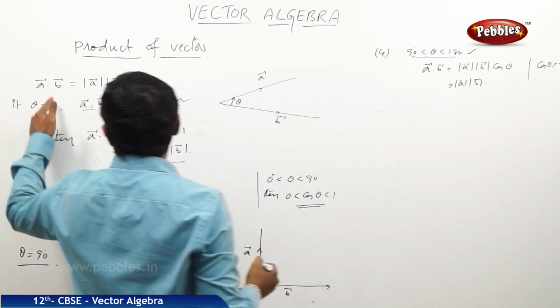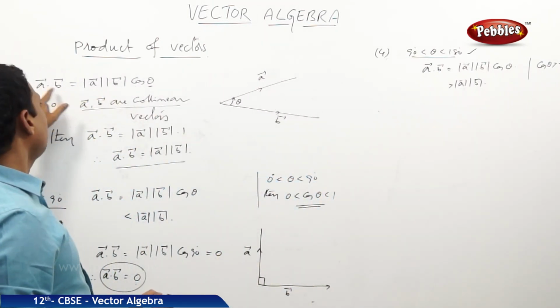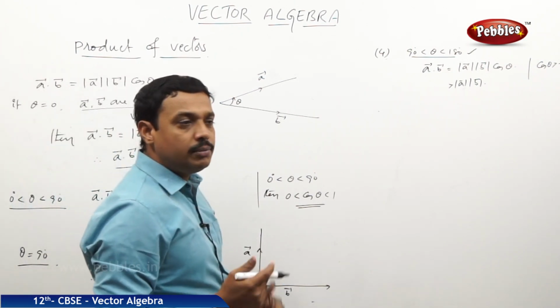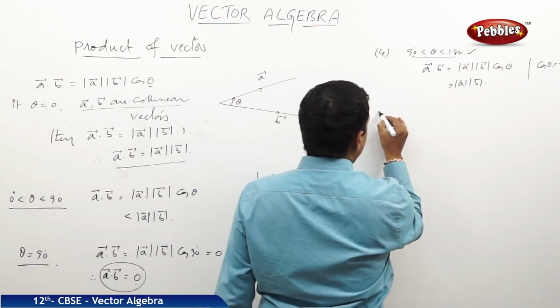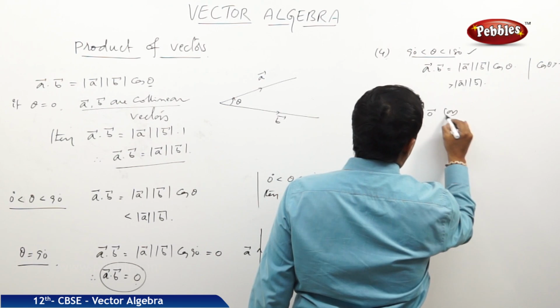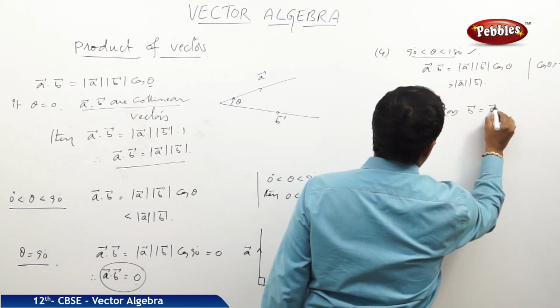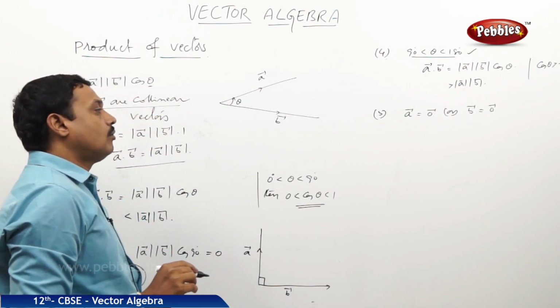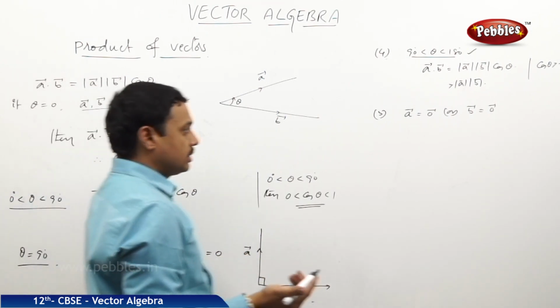Next one. Here, the two vectors A and B both are non-zero vectors. Suppose one of them is a null vector, either A bar is equal to 0 bar or B bar is equal to 0 bar. One of them is a null vector. Then, what would be the dot product?